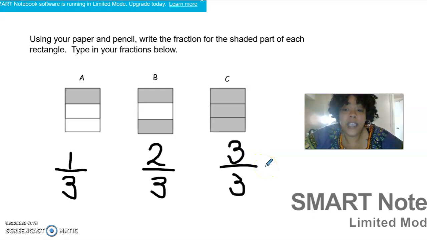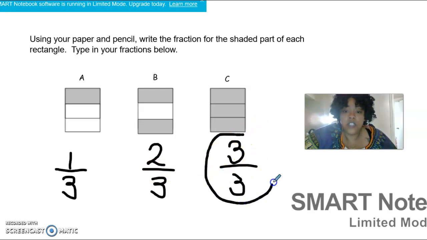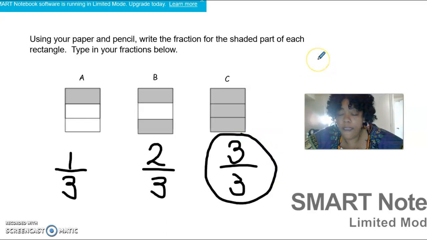Now, when you were typing in the fractions for each of these wholes, you should have typed in 1/3, 2/3, and 3/3. But I want to pay a little bit closer attention to this fraction right here. If you remember from the teacher motto of this lesson, when we have the same number on the top and the same number on the bottom of the fraction line, then that means we have one what?